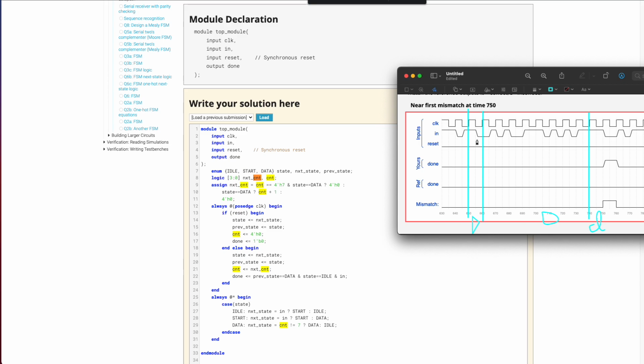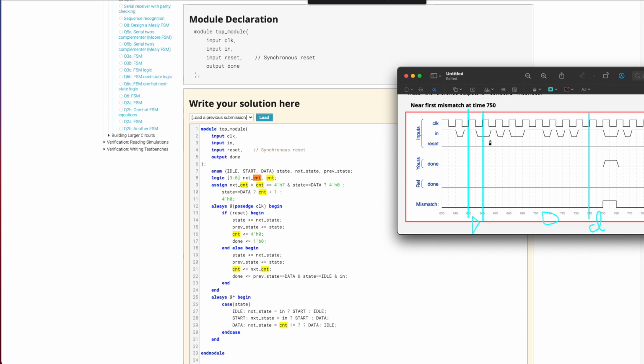I don't get why this is so hard. So we agree on the fact that if we're in data, we should always be able to go to idle.